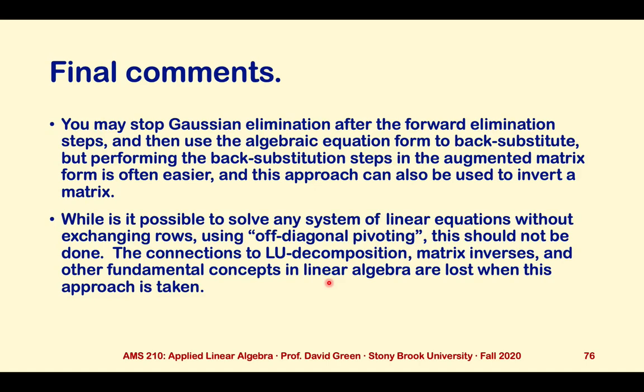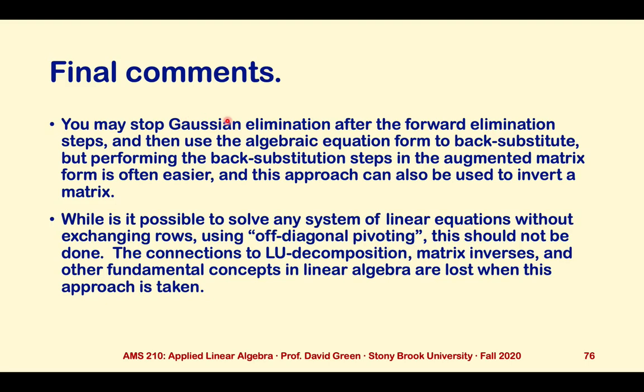So just a couple of final comments. This framework of using augmented matrices, I believe, is a very, very nice, clean way to perform Gaussian elimination to solve linear systems. It's simpler to write, it's easier to read, and so on. Please use this approach for forward elimination.